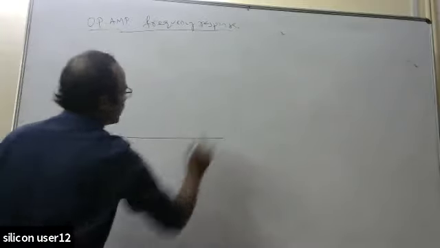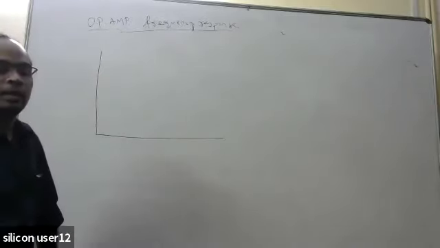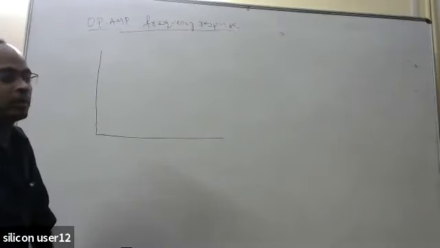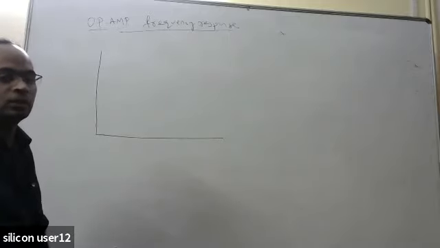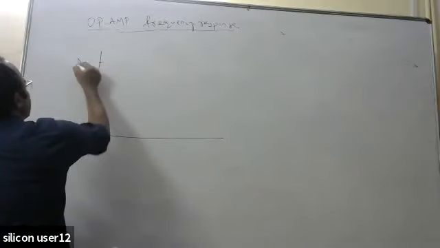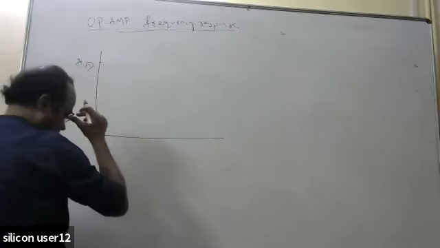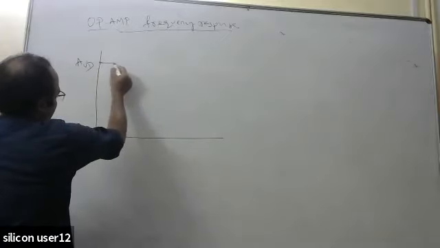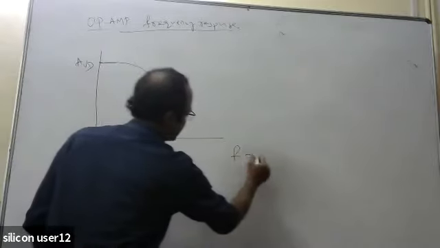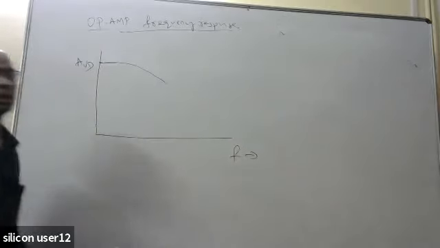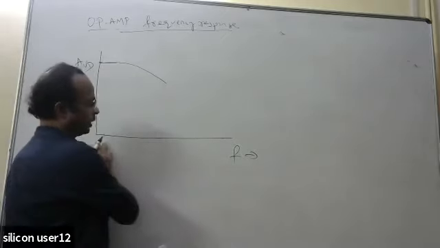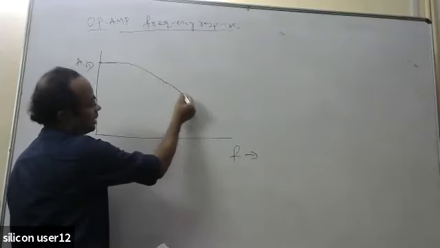The op-amp has a particular gain, but this gain is not always constant. As per the frequency of operation, the gain goes on changing. Initially, when the frequency is very low, the gain is given by AVD, and it stays at this level up to some point. This is your frequency axis, the frequency of the input signal applied for amplification. When the frequency increases, the gain goes on decreasing.